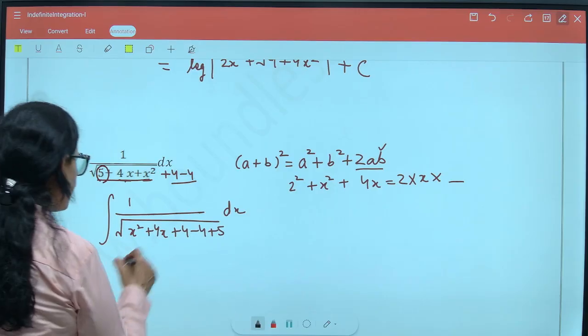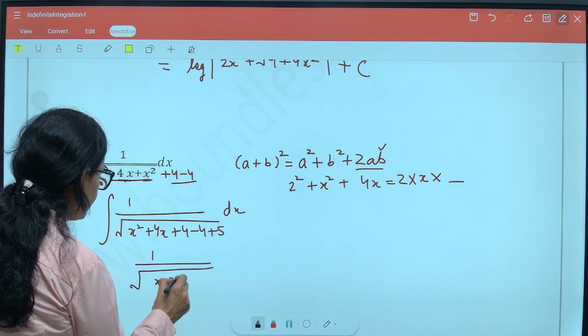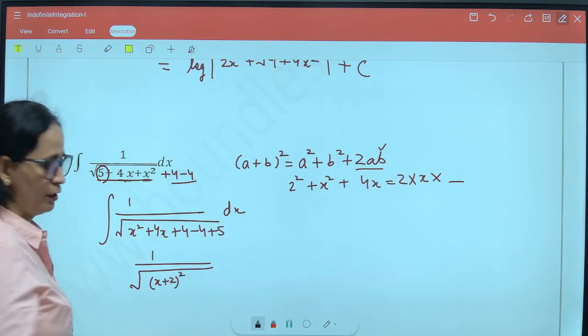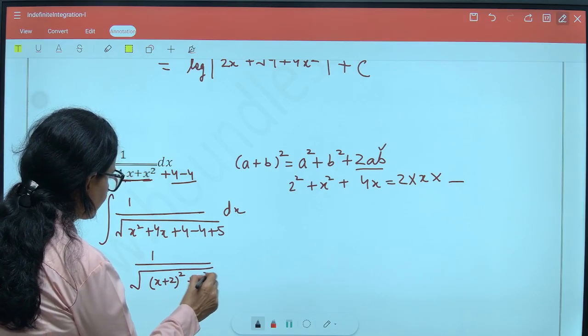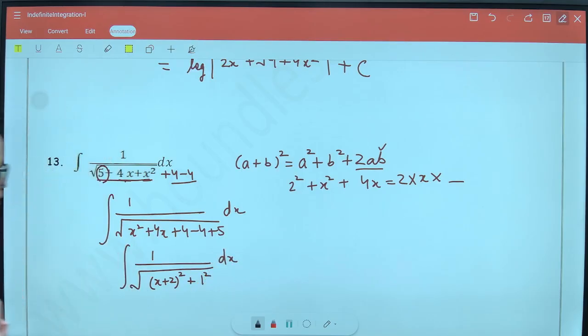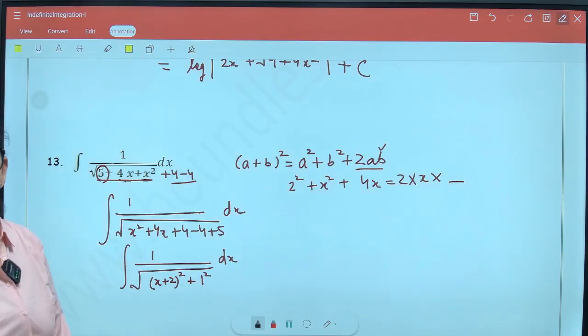So this becomes 1 upon square root of x plus 2 whole square, and what is minus 4 plus 5? 1. So I can write this as 1 square. Now it is in the standard form we have seen above, 1 upon square root of x square plus a square. So what is the formula? When you have a square root in the denominator, the formula involves only one expression of log. So that is what?